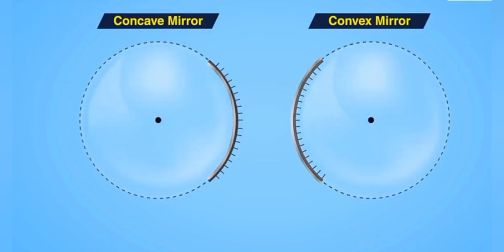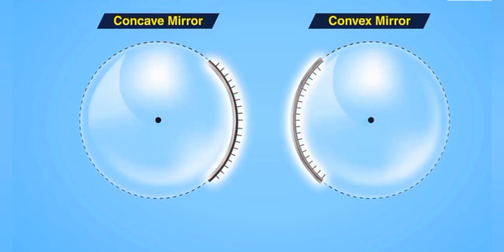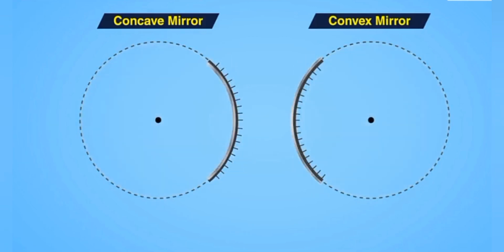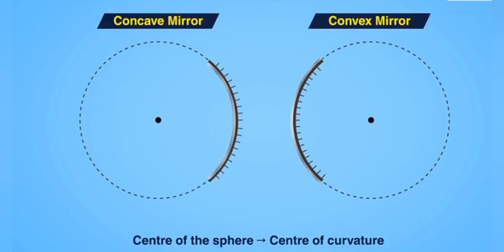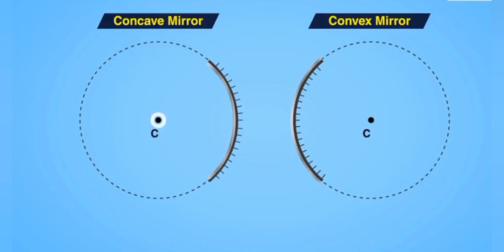The center of the imaginary sphere that the mirror's reflecting surface is a part of is called the center of curvature of the mirror. It is denoted by the capital letter C. Note that the center of curvature of a concave mirror is in front of it, whereas the center of curvature of a convex mirror is behind it.